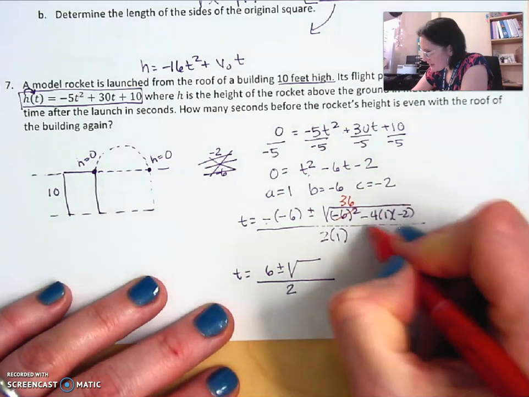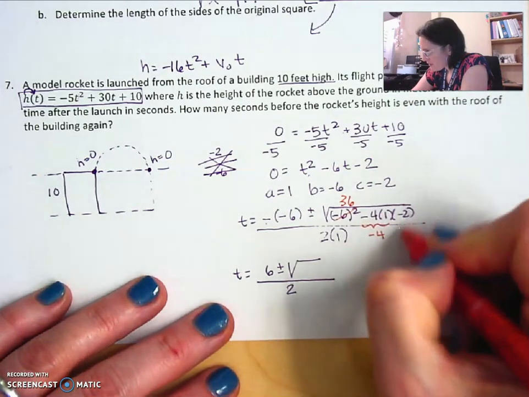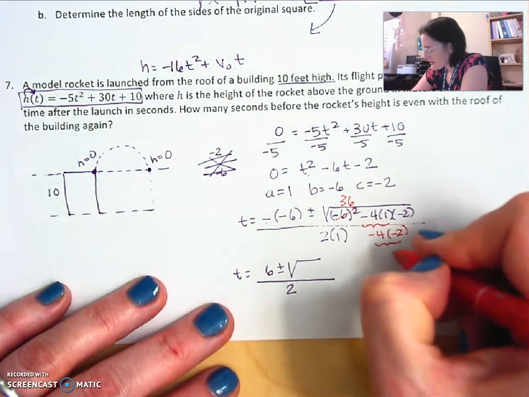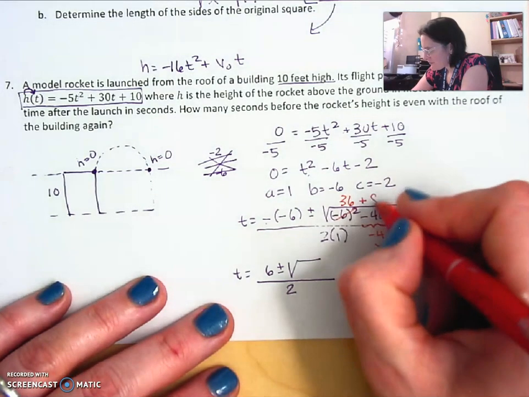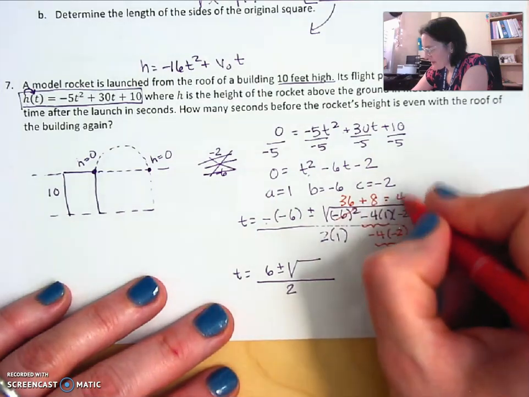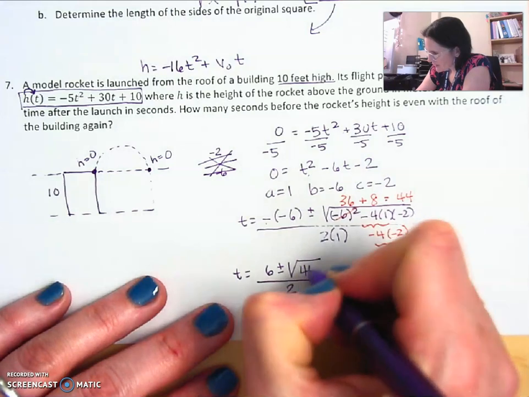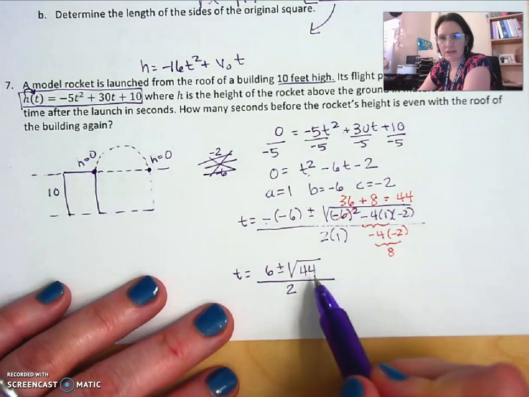Then the multiplication, -4 times 1 is -4. Bring down the -2. That's multiplied is positive 8. When I add that to the 36, I get 44. So now I'm at 6 plus or minus square root of 44 over 2.